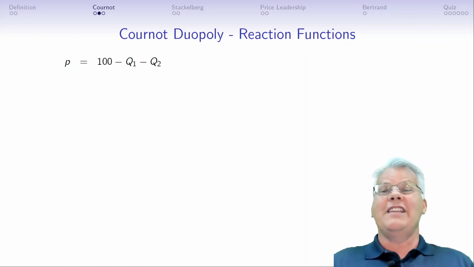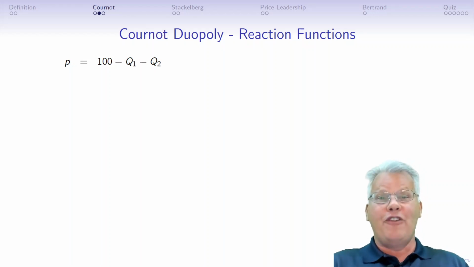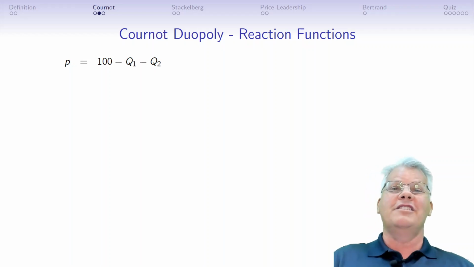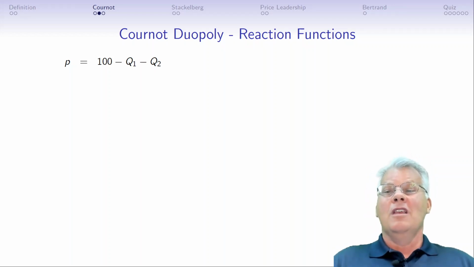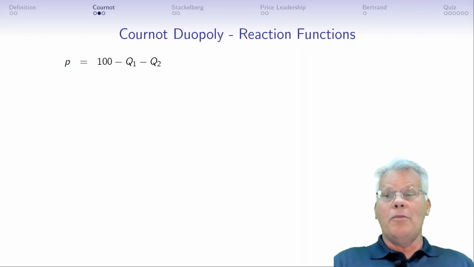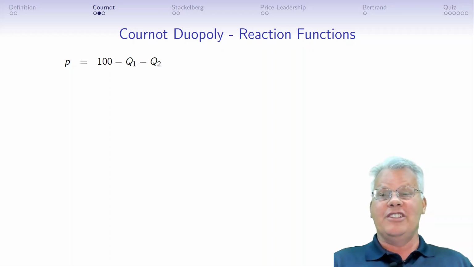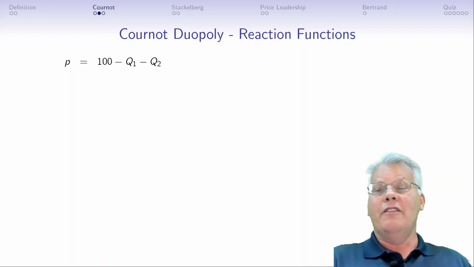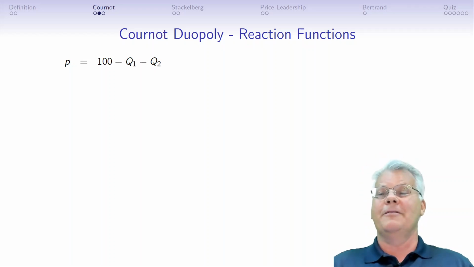So to flesh this out, remember, firm 1 will set firm 1's marginal revenue equal to firm 1's marginal cost. So inverse demand in this type of market, the price is equal to some vertical intercept minus the quantity that firm 1 produces minus the quantity that firm 2 produces.